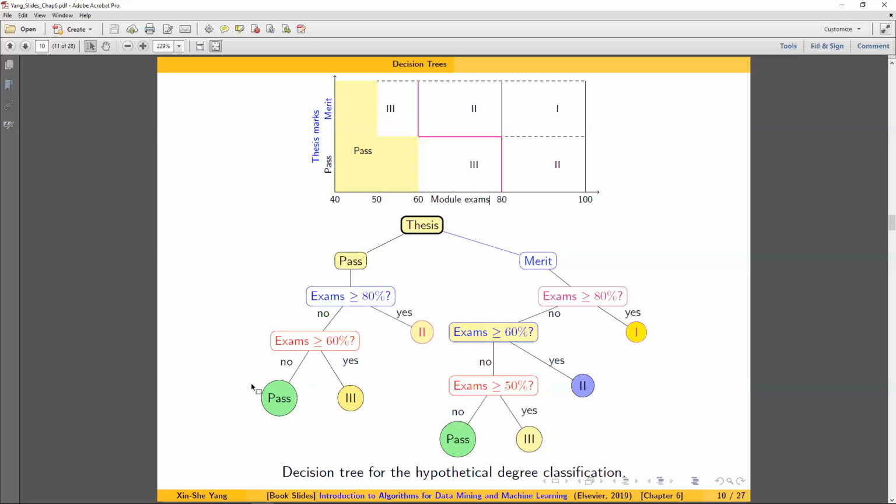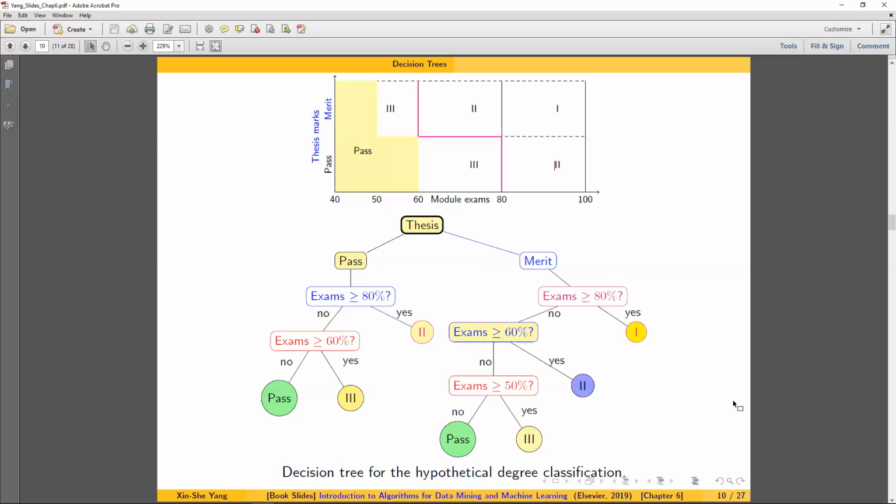Basically, this side of the tree essentially represents what's happening here on the graph. The same thing happens on the right-hand side. You should take a look, and then you know what a decision tree is.